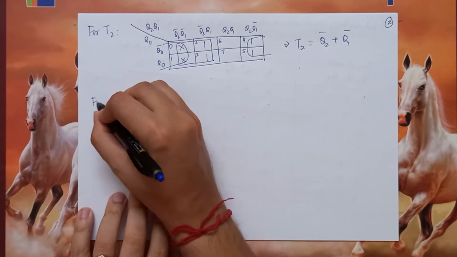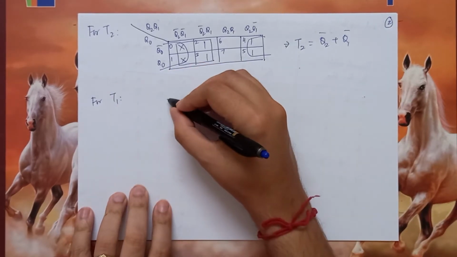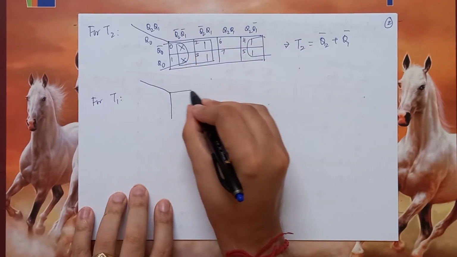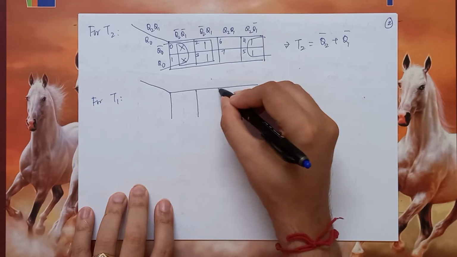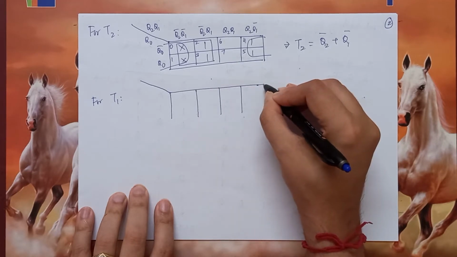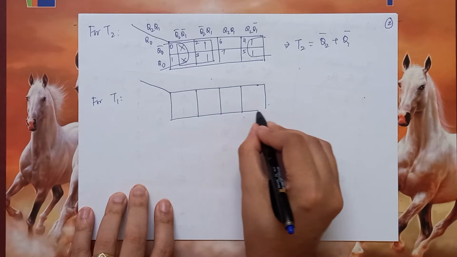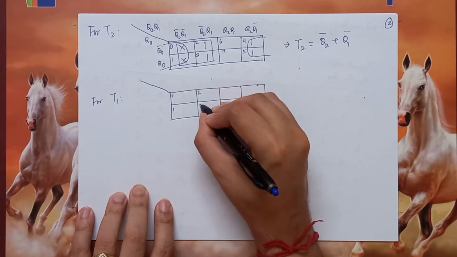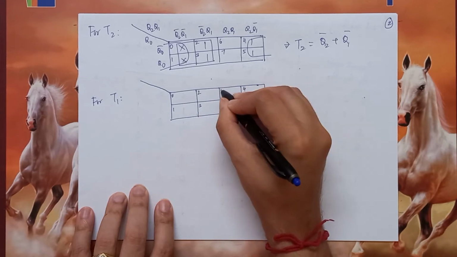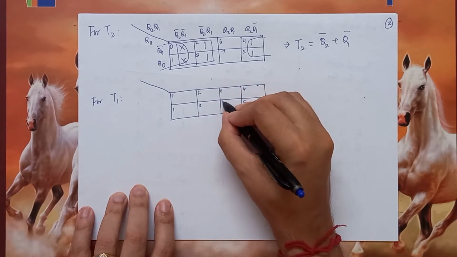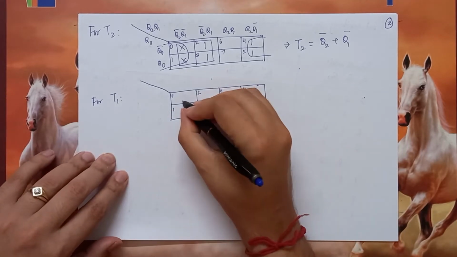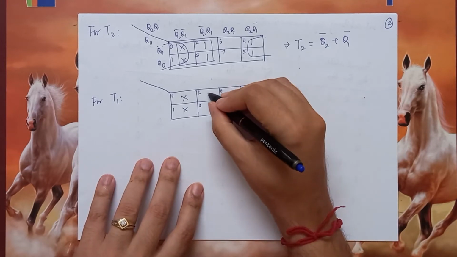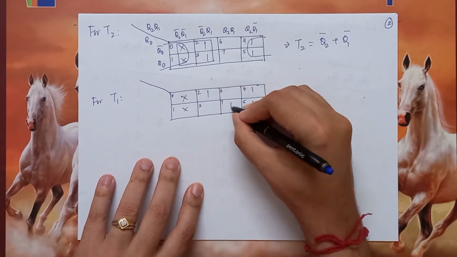For T1, once again we'll construct the Kmap. These two are don't cares. And the minterms are 2, 4, 5 and 7.